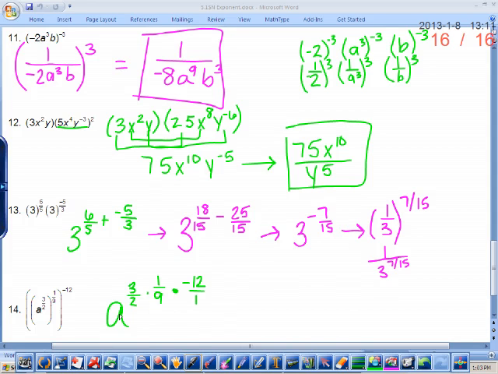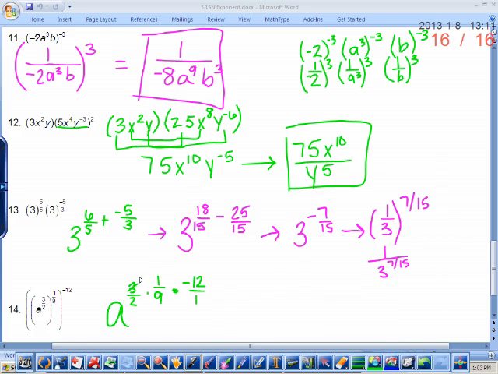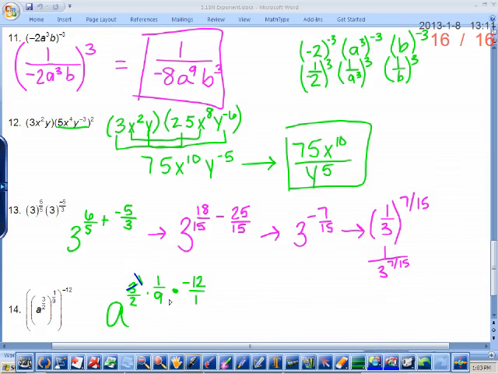Sometimes to make your lives easier when you're doing this by hand, remember that you can cancel when you're multiplying fractions if you have things that reduce over the top and the bottom. For example, 3 goes into 3 one time, but 3 goes into 9 3 times.